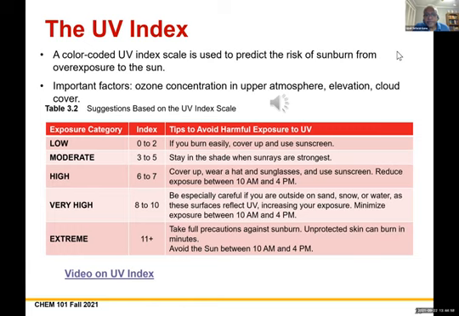These surfaces can reflect UV light. Minimize exposure again between 10 a.m. and 4 p.m. Extremely high UV radiation.